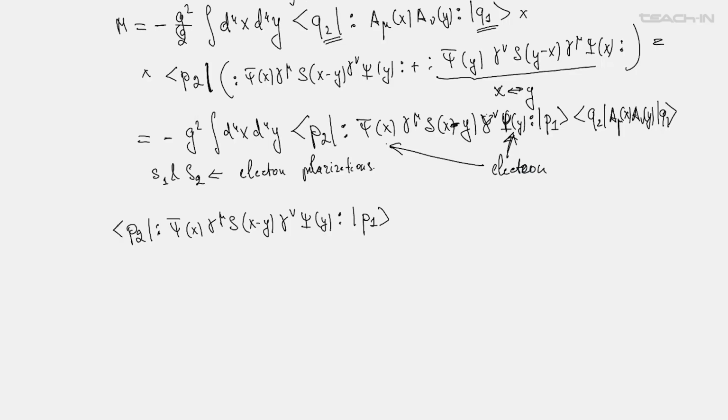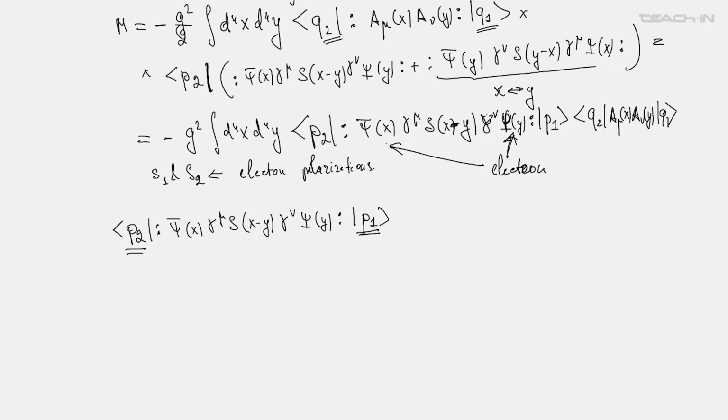And we also have to substitute the asymptotic states corresponding to an electron in the initial state with momentum P1 and polarization S1, and an electron in the out state with a momentum P2 and polarization S2.